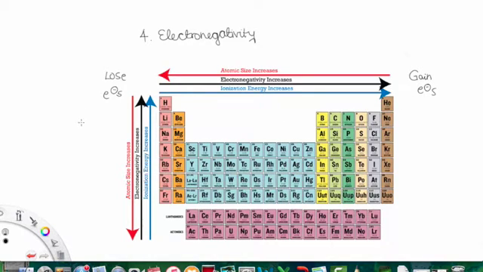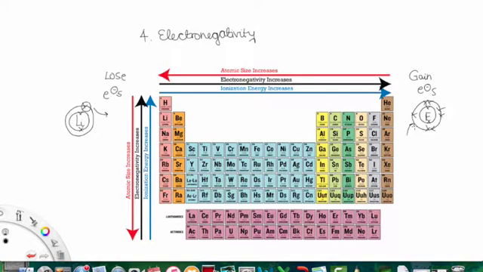Just to show you an example, if you have lithium, I've been using this example a lot, since it just has 1 electron in its valence shell, it's a lot easier for this to lose an electron rather than gain 7 electrons in order to get an octet. On the other hand, if we have fluorine that has 9 electrons, 1, 2, 3, 4, 5, 6, 7, 8, 9, now instead of losing the 7 valence electrons, it's a lot easier to gain 1 electron right here.